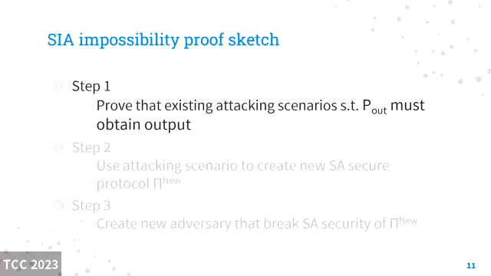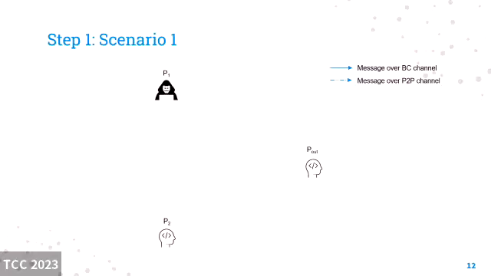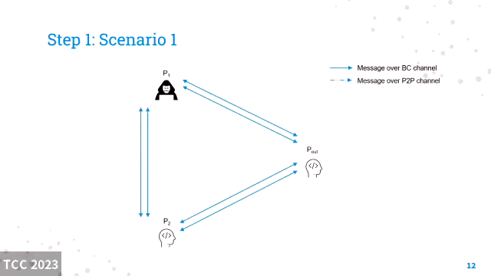This proof consists of 3 steps. Let's go to the first step. Firstly, we want to prove that there exists an attacking scenario such that party 3 must obtain the output. In attacking scenario 1, party 1 is corrupted and party 2 and party 3 are honest. In the first 2 broadcast rounds, everyone behaves honestly. In the third round, party 1 behaves honestly to party 3, but drops the message to party 2.